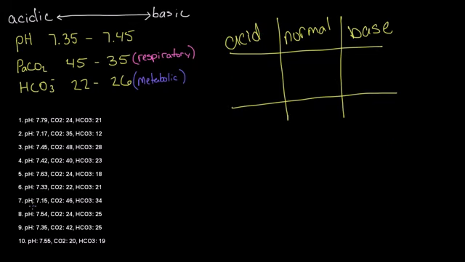pH of 7.15, which is acidic, so pH goes over here in the acid column. Our CO2 is 46. It's also acidic, so CO2 goes in the acid column as well. And our HCO3 is 34, which is basic, so it goes in the basic column. Let's see how our tic-tac-toe was formed.